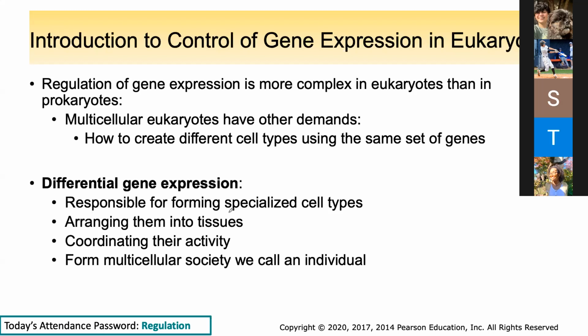But if you look at us or a plant or an animal or any other multicellular organism, we're made up of thousands of different types of cells. So how do we create all of these different types of cells? How does your skin cell know to produce keratin while your nerve cell knows how to produce neurotransmitters? Both of those cells contain all of the code to make all of those things, but yet they're only going to do what they're supposed to.